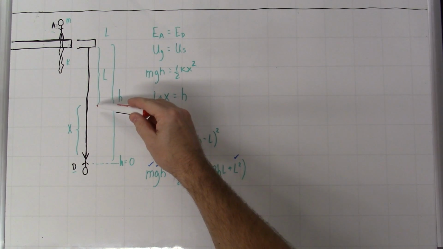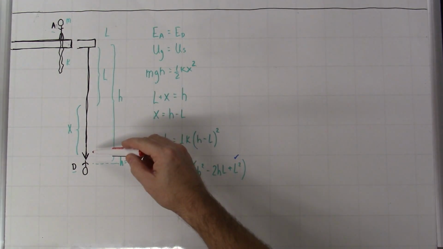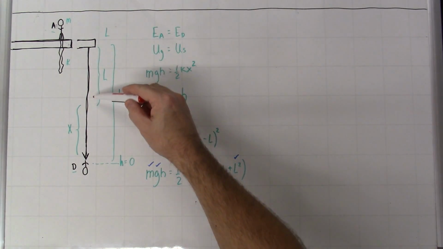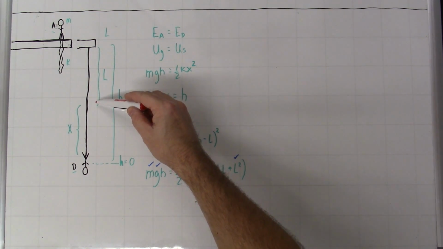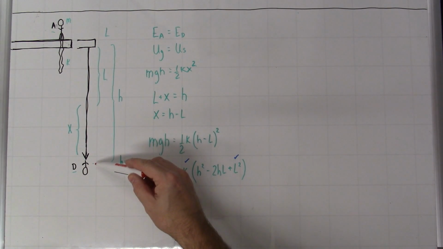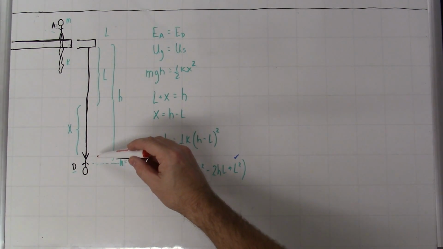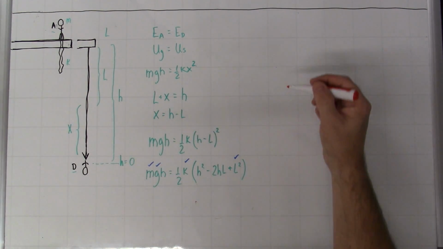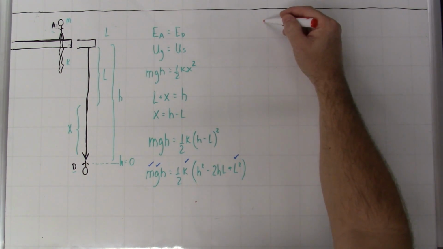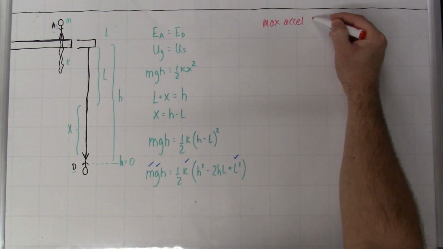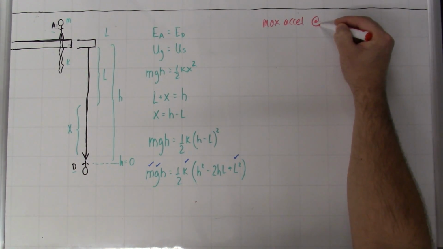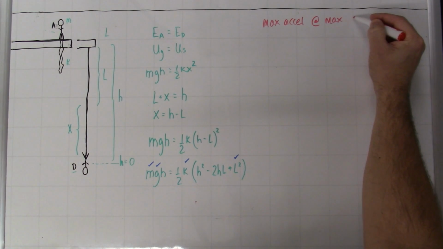But after the rest length, the bungee cord starts to catch them. The bungee cord starts to stretch, and the net force goes to 0. Then as they stretch beneath that, the bungee cord pulls up on them more than the earth is pulling down. After a little bit of analysis, we realize that the maximum acceleration occurs at the maximum stretch.